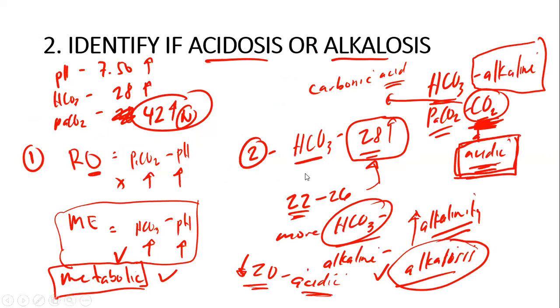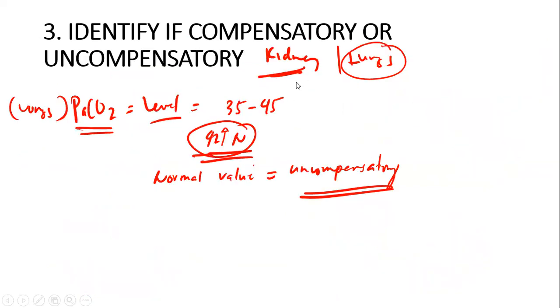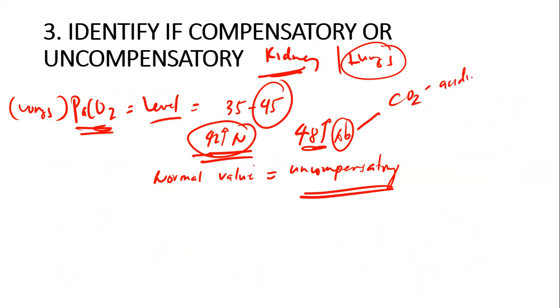Now, if we change this to, let's say, 48, it's arrow up and it's abnormal. Now, the result will be different. 48 is above normal, it's abnormal. Now, you know that by nature, 48 carbon dioxide is more than the normal, and carbon dioxide by nature is acidic.